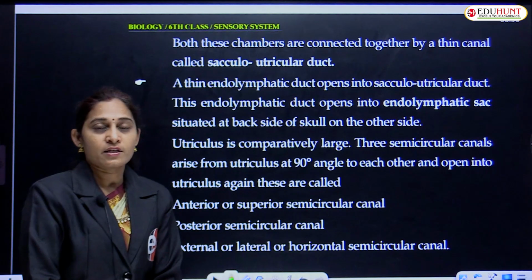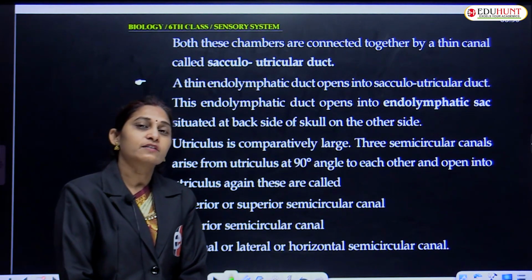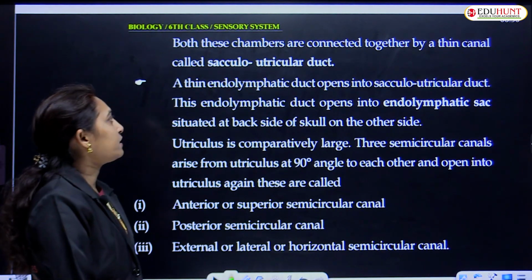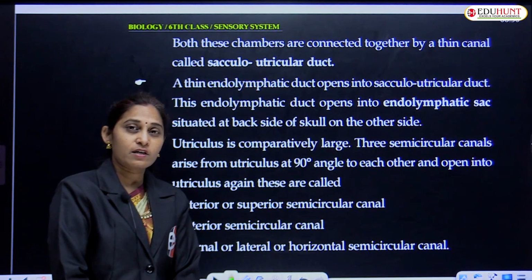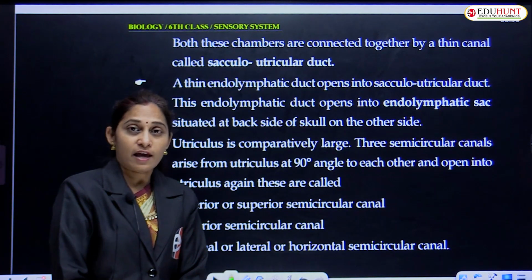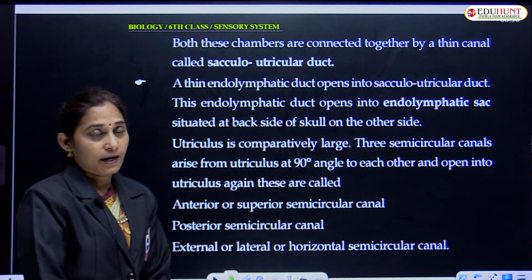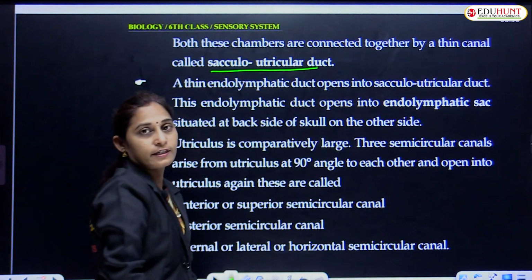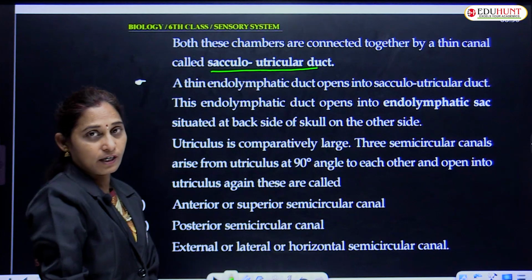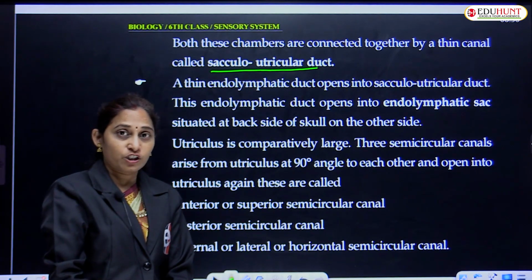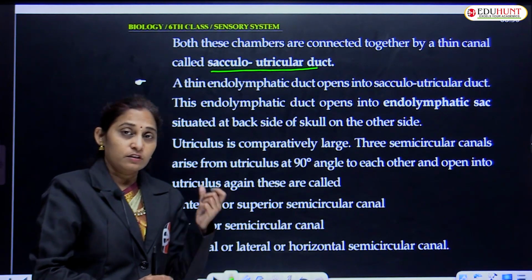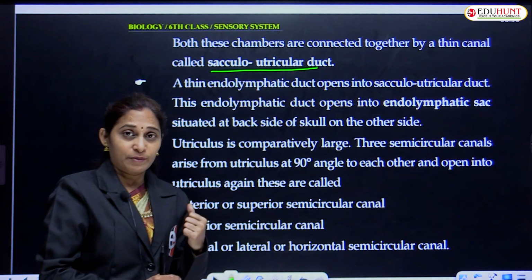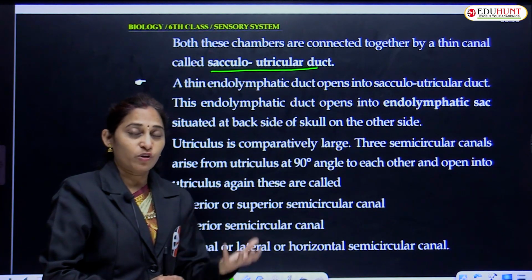Yes, utriculus is larger than the sacculus, and both these chambers are connected by a canal called the sacculo-utricular duct.